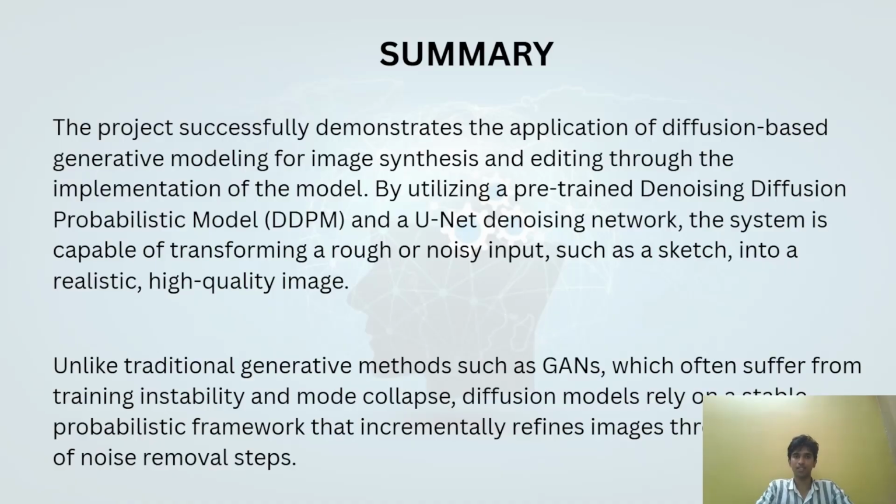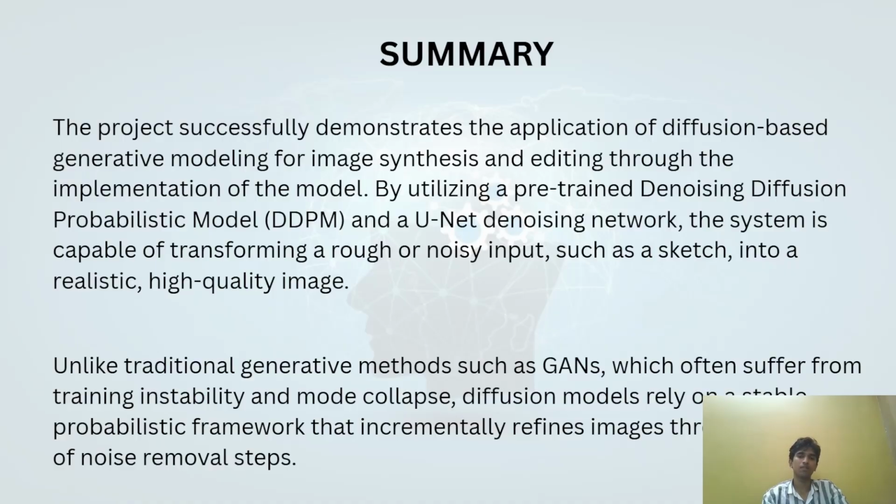Obviously this fully demonstrates the application of diffusion-based generative modeling for image synthesis. We used a denoising diffusion probabilistic model, which is DDPM, a pre-trained model trained on the CelebA dataset, and we used a unit denoising network.